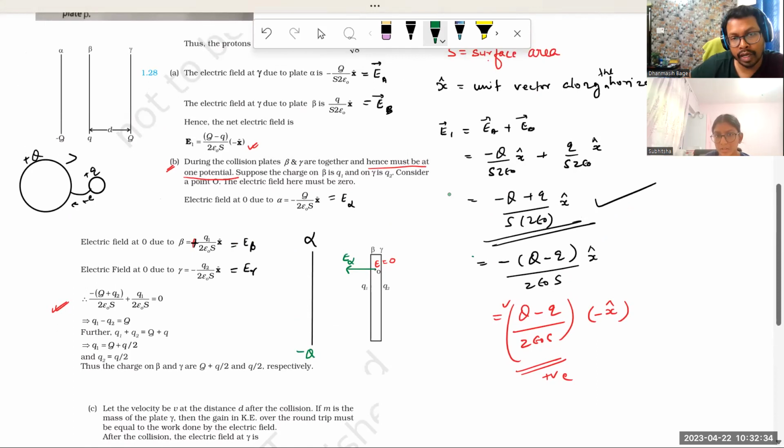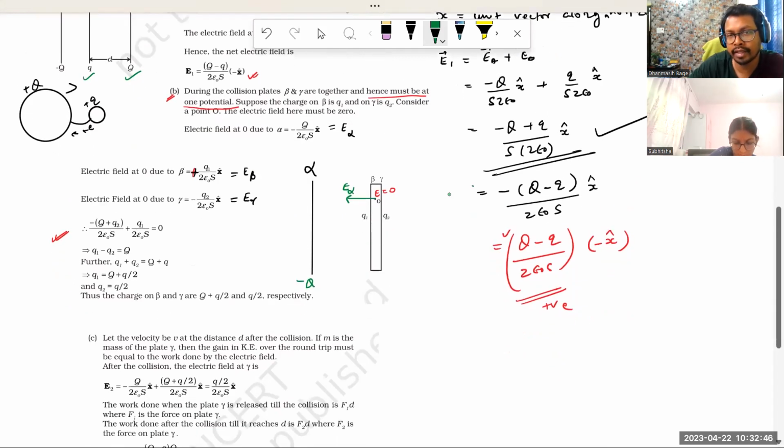See, why do Q1 and Q2 need to be positive? Because initially they were positive, right? So when they collide, the same redistribution of charge will take place, but the net charge will still remain the same. So E beta will be in the right direction, and gamma will be in what direction? Gamma will be in the left direction.